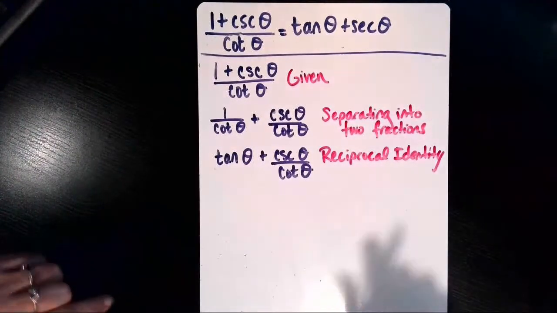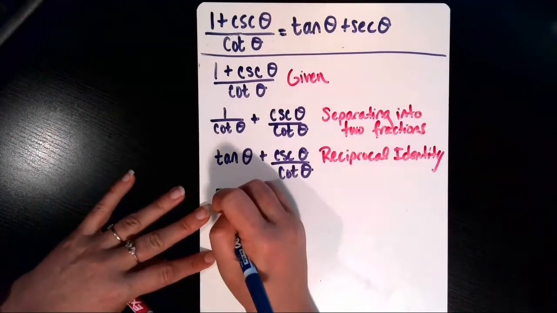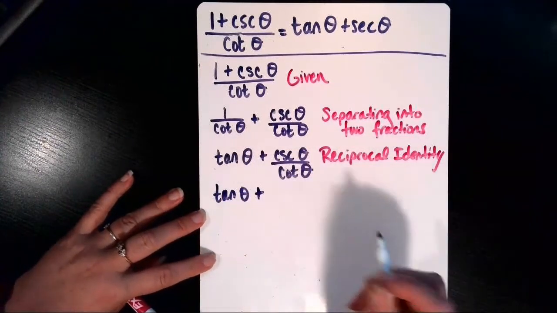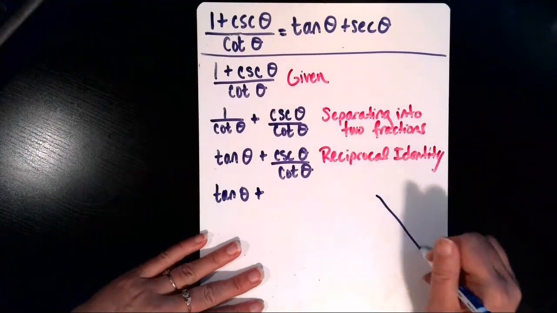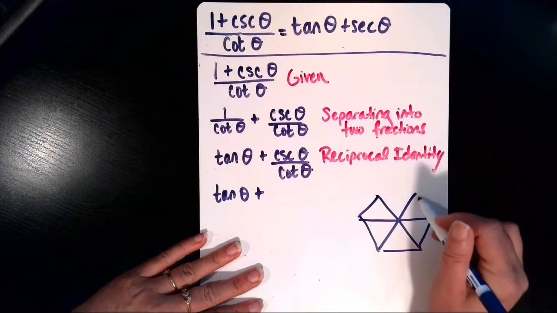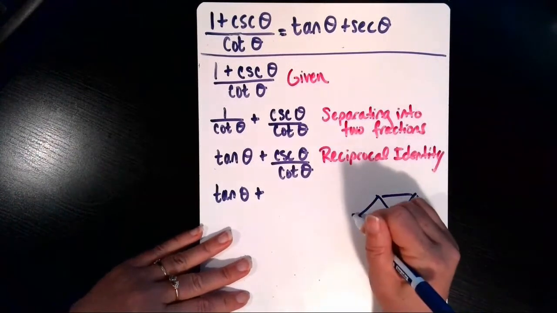And then on this side, I have tangent of theta plus, and if we look at the trig identity hexagon here real quickly to recall our quotient identities, I believe this is a quotient identity.